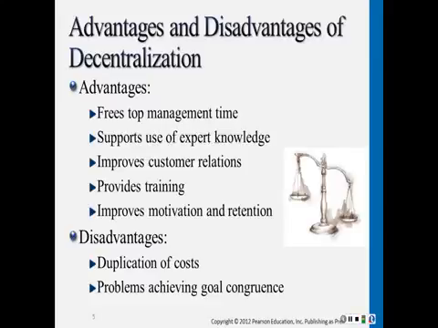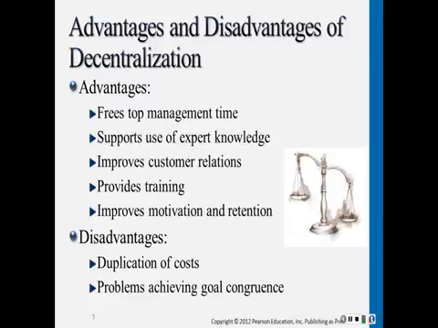For example, DoubleTree Hotel segments its business by property, yet each property shares one centralized reservation office and one centralized website. The second disadvantage is problems achieving goal congruence.